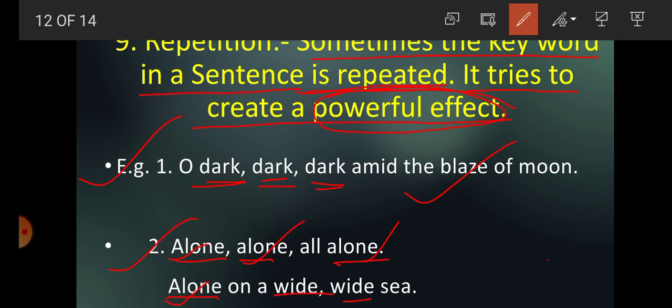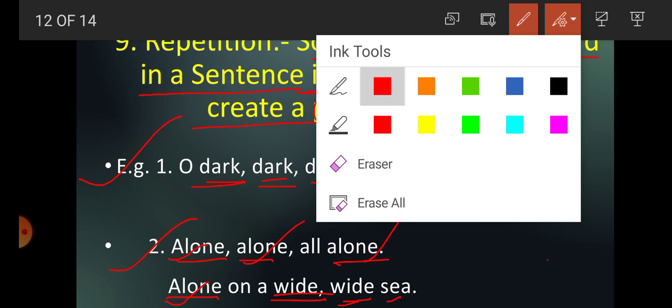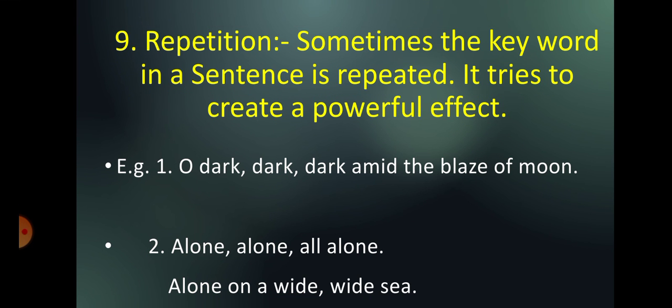Why? Because the poet wanted to make it powerful. Wide, wide sea. So wide, wide is used here to make it powerful. So, students, we have got here that repetition is the repetition of the same word in a sentence to make a powerful effect.